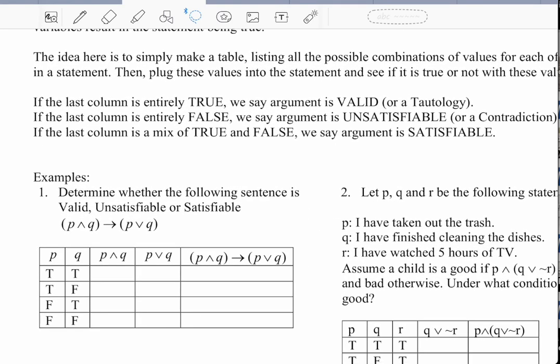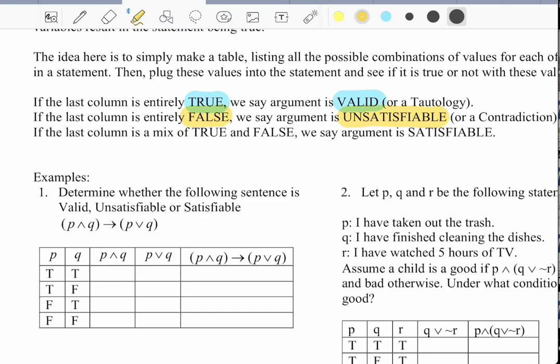If a sentence is always true, we say that it's valid. Another word for that is a tautology. Right? If a sentence is always false, we say that that's unsatisfiable.